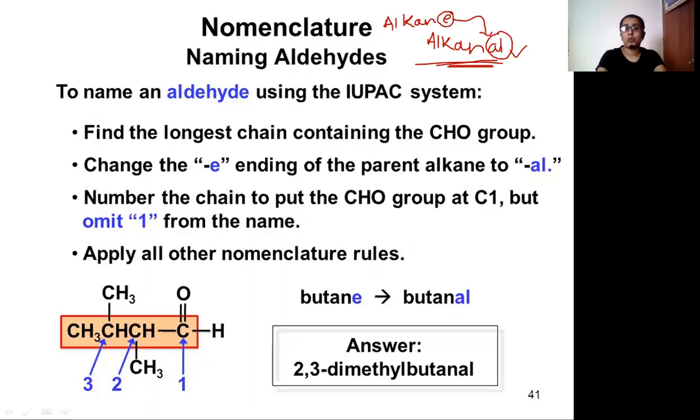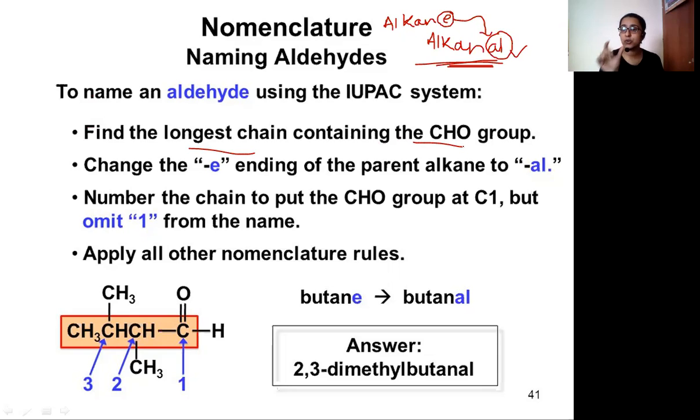Fine. So what we will do first, we will find the longest continuous chain which contains the CHO group. As I said, the CHO group, the aldehydic group, will always be at the terminal end of the chain. So the numbering of the carbon chain should always start from that CHO group.